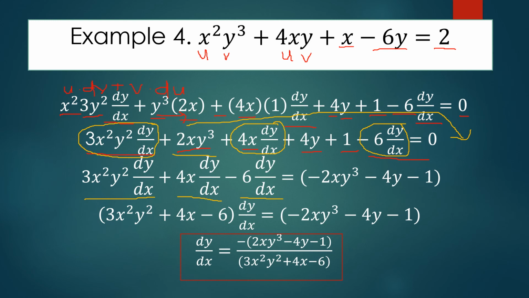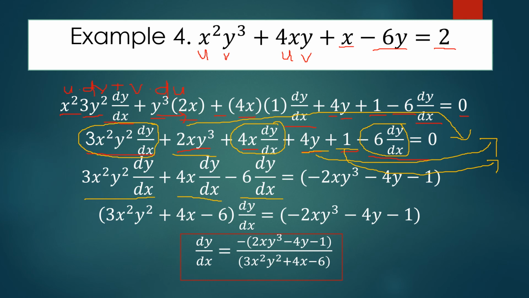So, magiging negative. And the expression for y, nasa left side of the equation, kapag ilipat natin, magiging negative 4y. And also the expression 1, kapag ilipat natin, magiging negative 1.